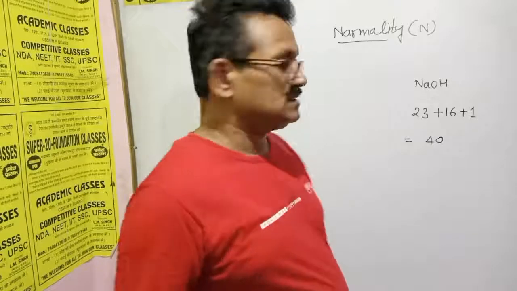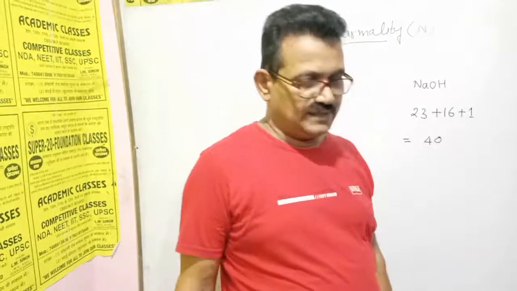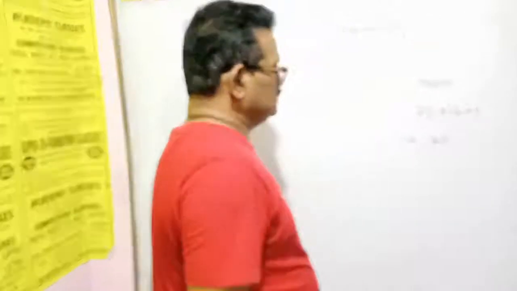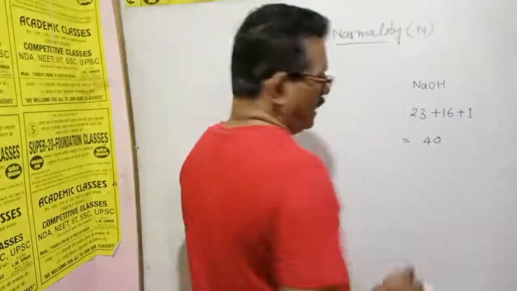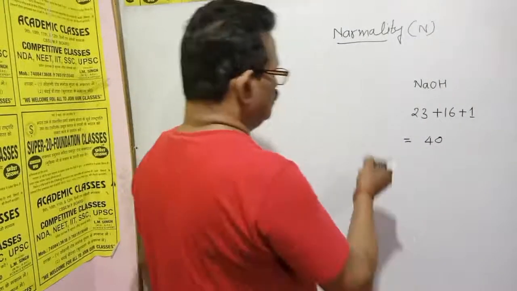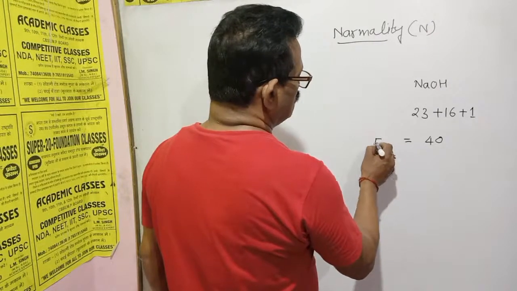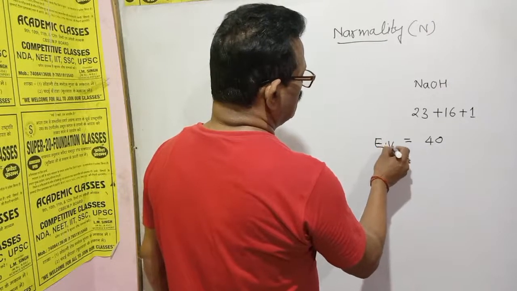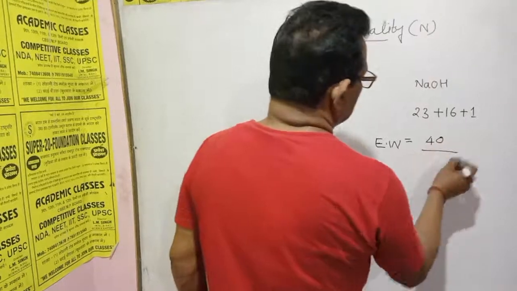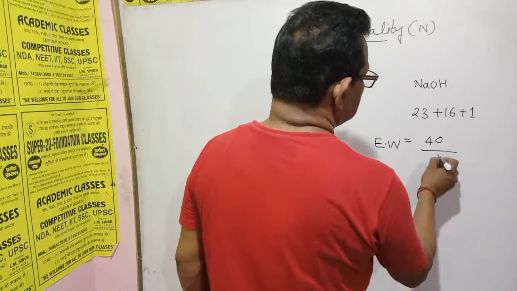The molar mass of sodium hydroxide is 40, and the equivalent weight equals molar mass upon valency.